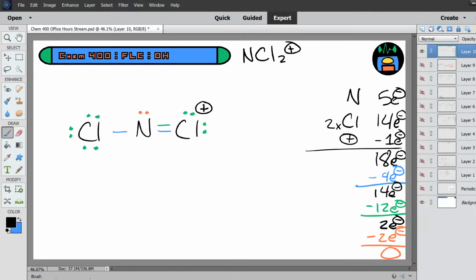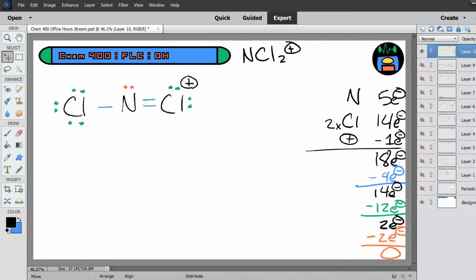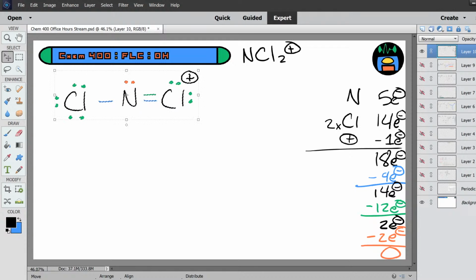All right. Now, the question is, what is the geometry here? To determine our geometry, we first need to look at how many groups we have around our central atom. So let's investigate.